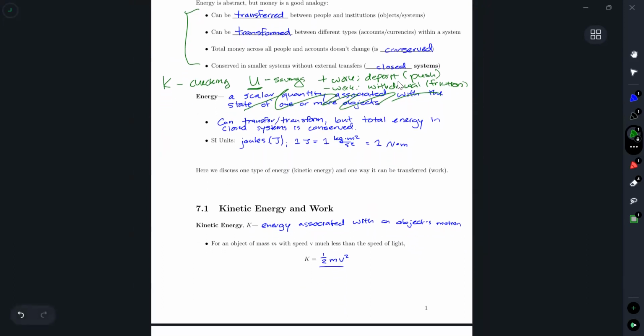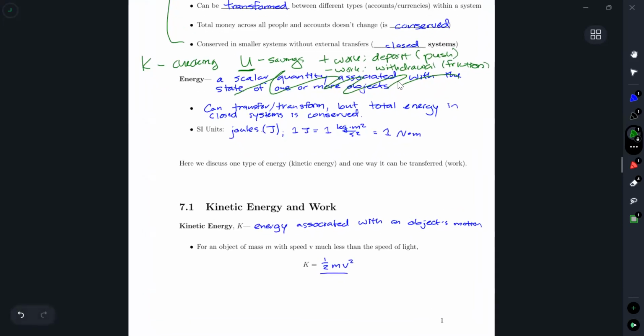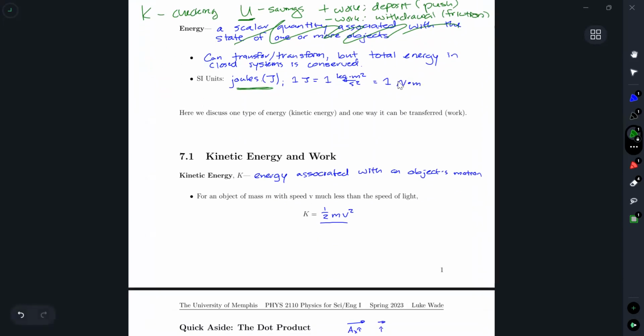So it's just sort of a happy accident that things worked out like that. There is a deeper reason for it, but not one that we can get into too much. Energy is measured in joules, as is work. So that's just getting your units right when you're answering something.